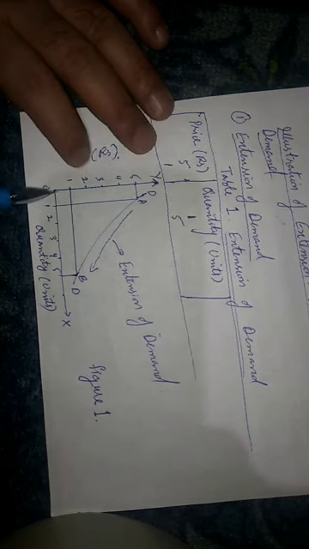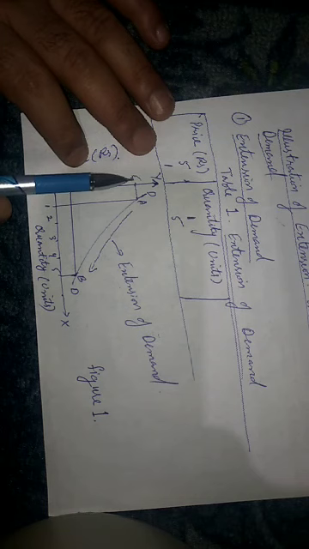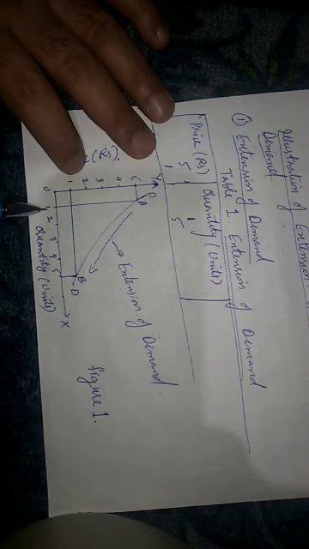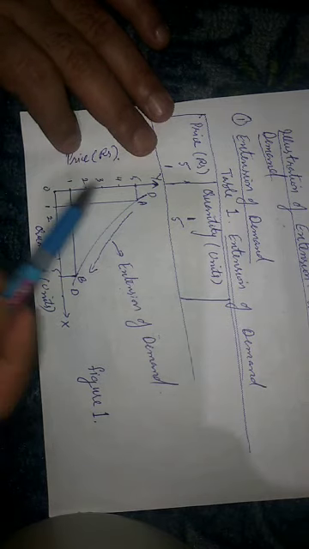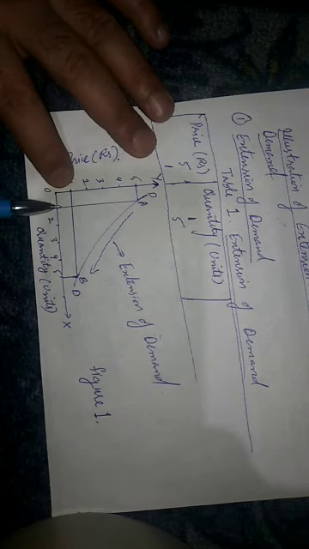You see in this diagram, when the price is 5 rupees, the quantity demanded is 1 unit. When the price decreases from 5 to rupees 1, there is extension of demand from 1 to 5 units, right?